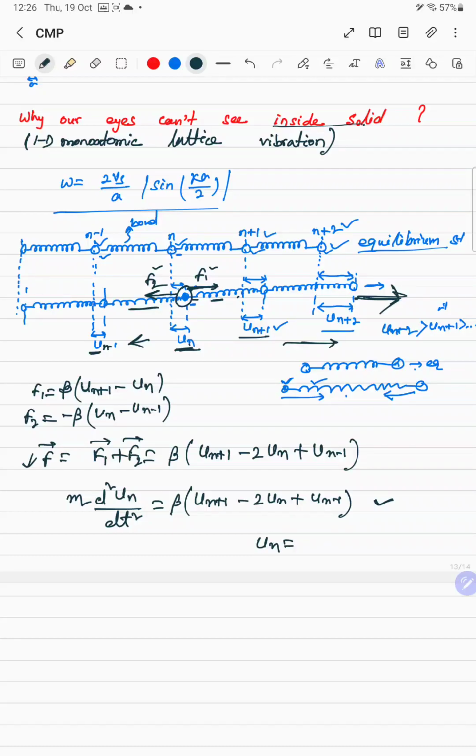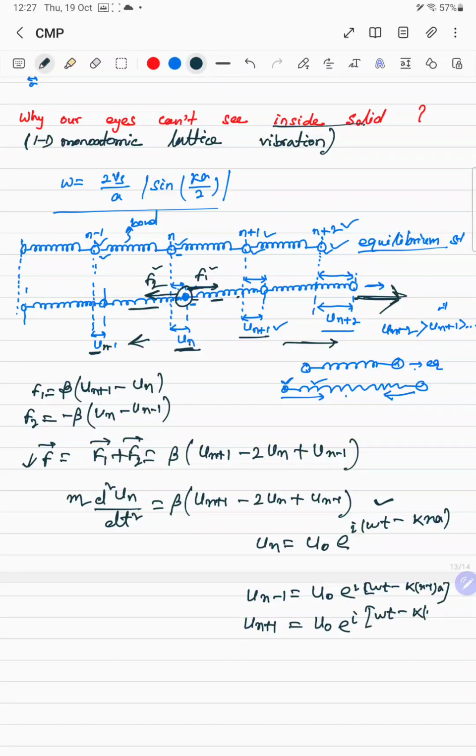So u(n) will be u0, the amplitude of oscillation, e to the power i(omega t minus kna). u(n-1) will be u0 e to the power i(omega t minus k(n-1)a), and u(n+1) will be u0 e to the power i(omega t minus k(n+1)a).